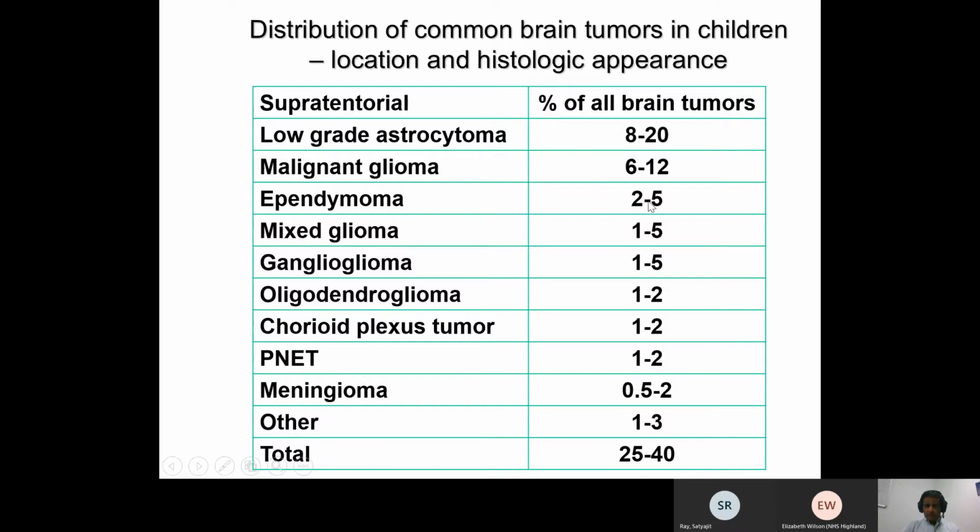Then the ependymoma. You can see that the medulloblastoma doesn't happen in the supratentorial compartment. A similar tumor known as primitive neuroectodermal tumor can happen, which is similar to the medulloblastoma, 1 to 2% in the supratentorial compartment. But there are other different types of tumors which are rare.